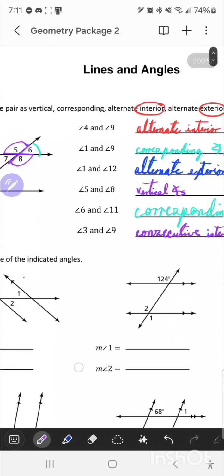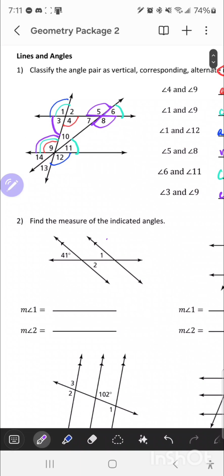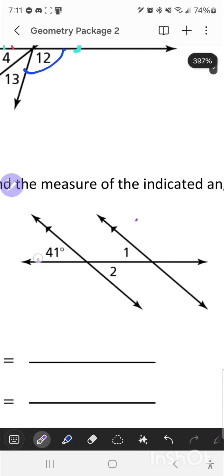Now I'm going to go faster. So now find the measure first. I say 41 and I say 1. I say that this is an F right here. This is an F. So they are corresponding angles.